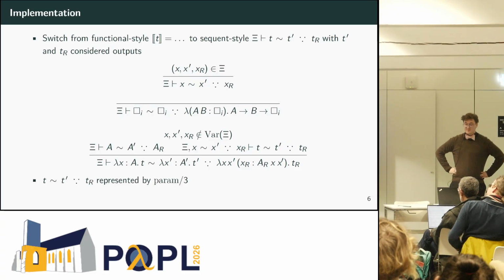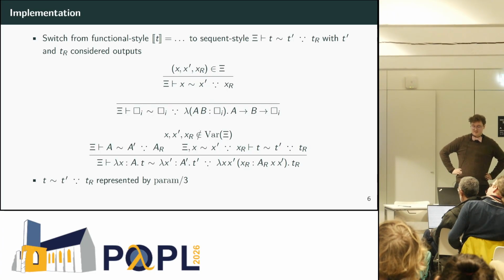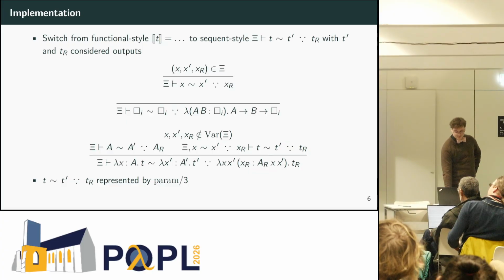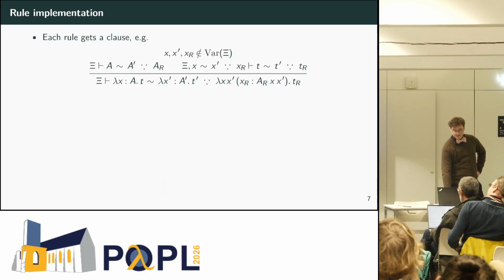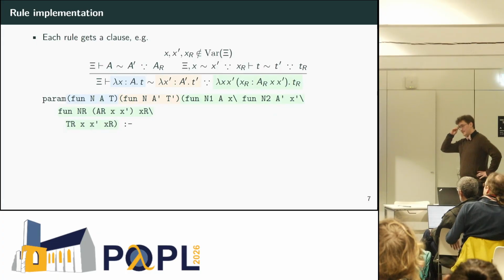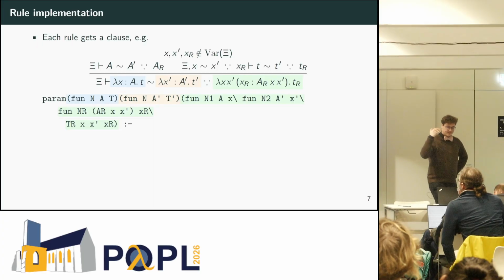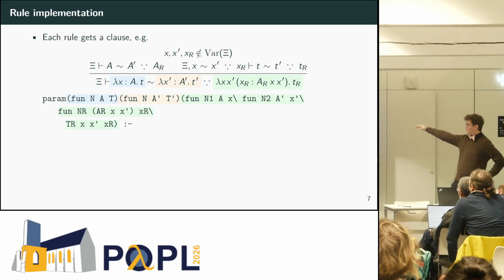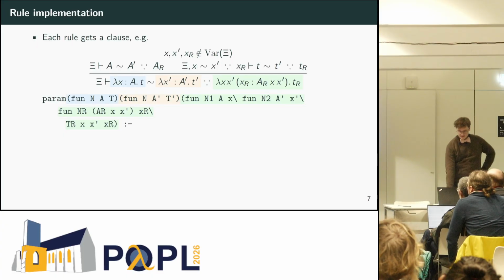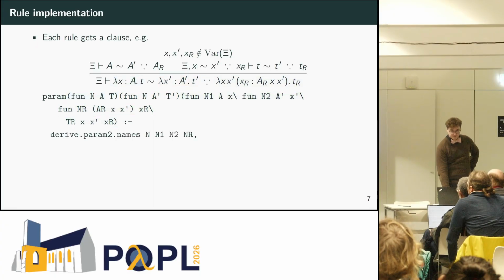And this can be very elegantly implemented in LP by this param-Turner predicate. The way we do it is that each inference rule gets a clause. We start by writing out the conclusion of the judgment in the clause head and proceed by running the body, in which we first implement some sort of naming for pretty printing.